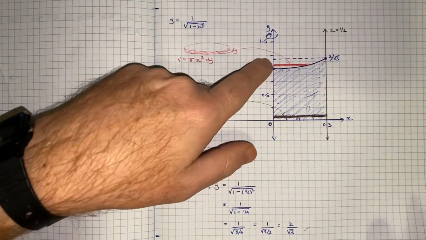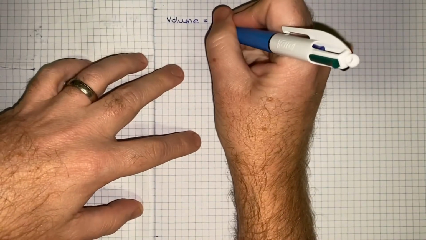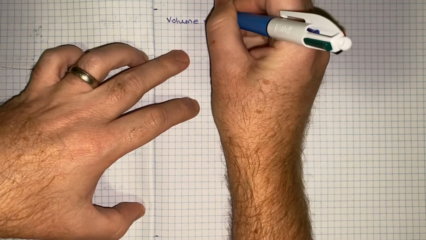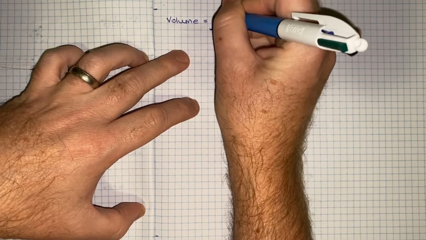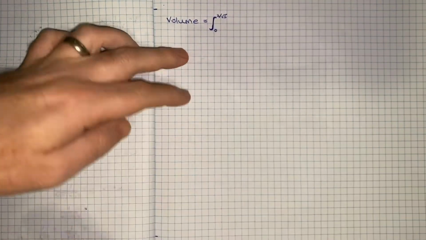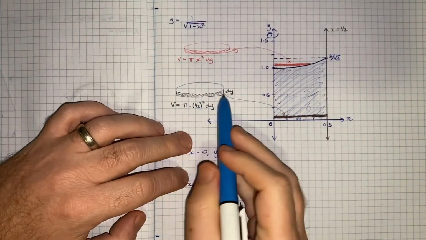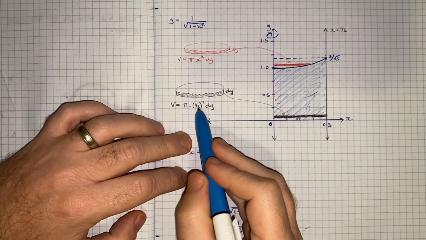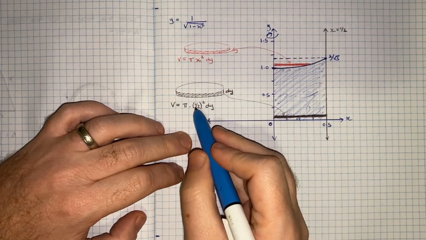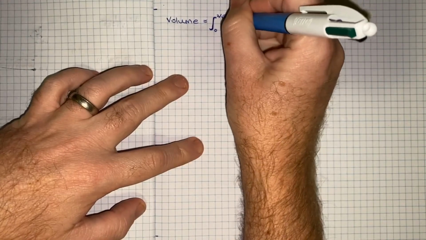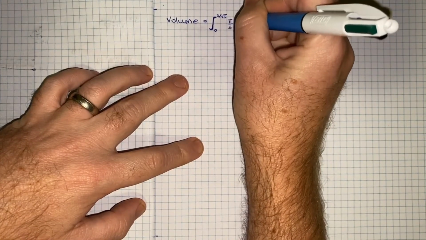The integral between 0 and 2 on root 3, these are the y values, of all of these slices. So pi times a half squared, which is a quarter. So essentially pi on 4 dy.